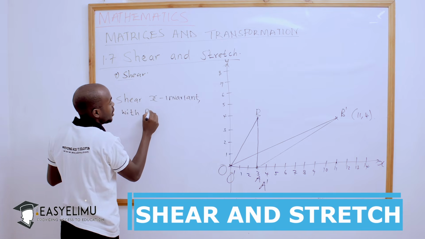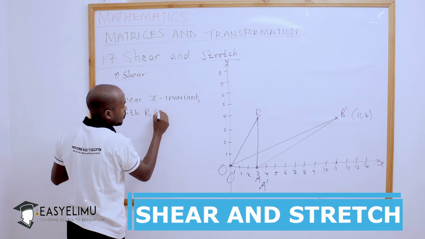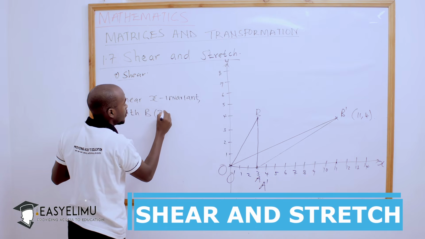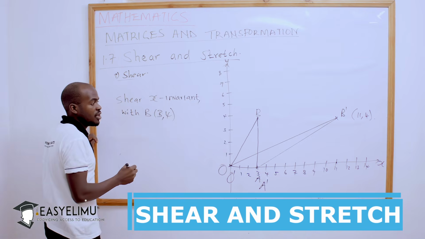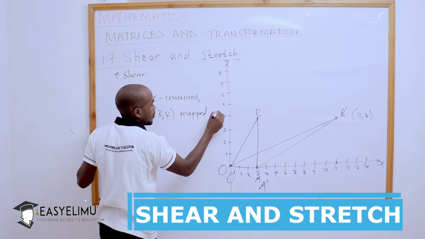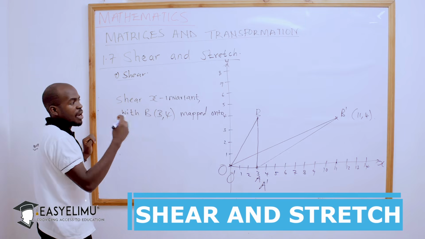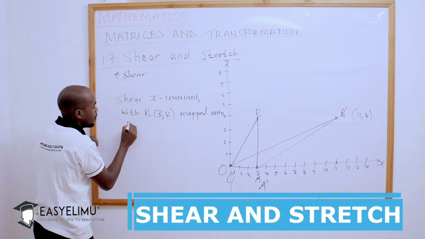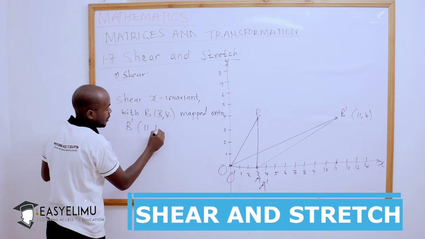So we shall say it is x invariant, with B of 3, 4 as its coordinate mapped onto B prime, which has 11, 4.